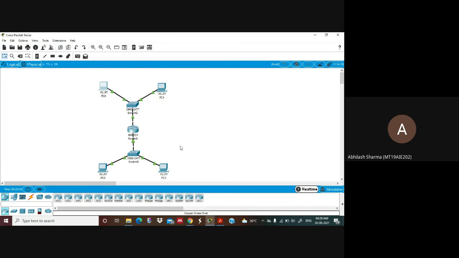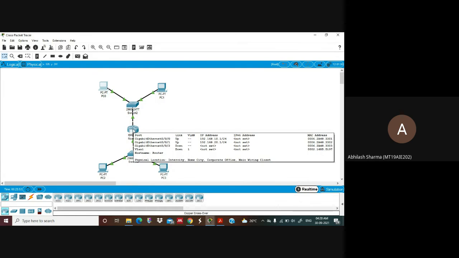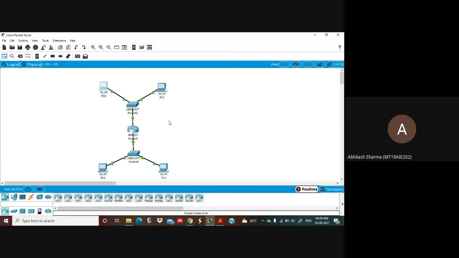Ideally, if they are connected with a switch, they will not be able to communicate because they are on different networks. What we have done is connect them with a router. So this is a router. We have placed a router between both the switches, and we have configured the router.